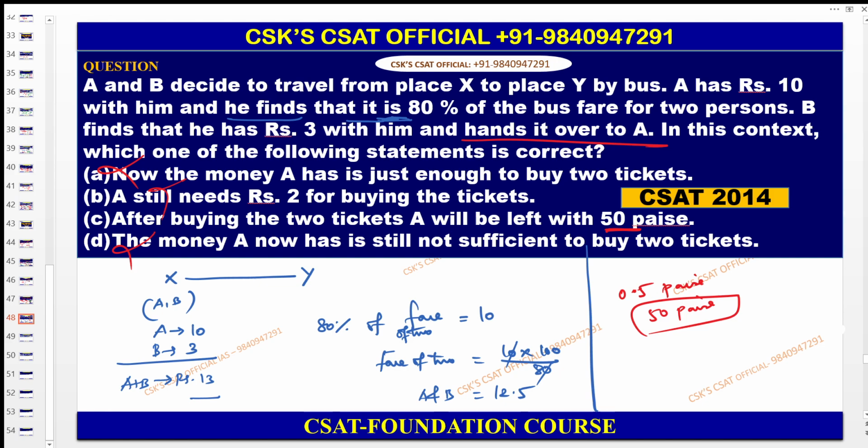In this situation, don't compare that 50 paise with the 10 rupees. You have to compare that 12.5 with A plus B, since now A is having rupees 13 after B has handed over that to A. Please remember, this is a very simple thing. Don't make a mistake. Okay, fine. Let us move on with the next question.